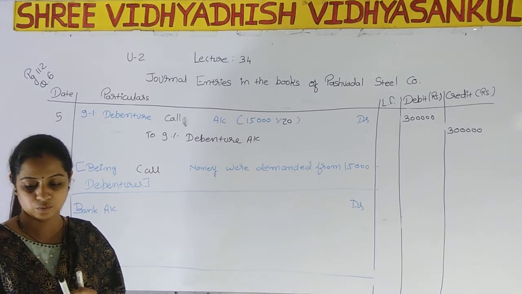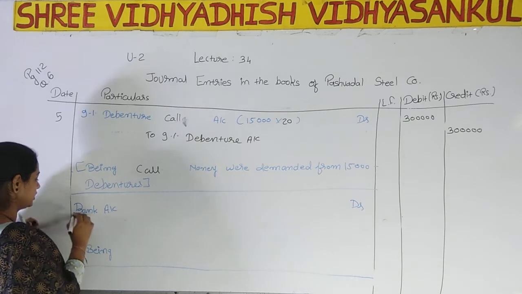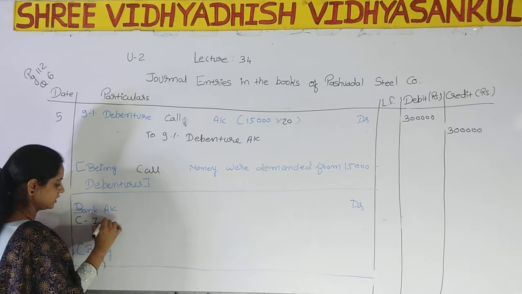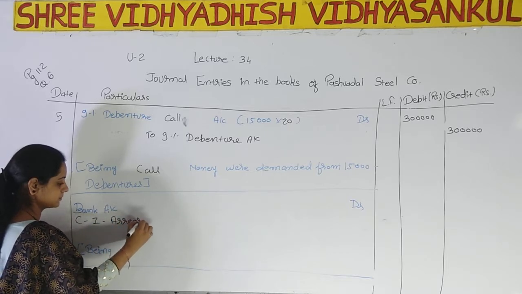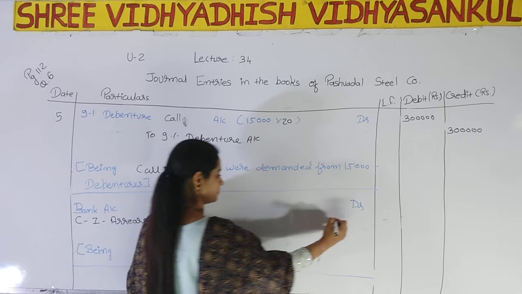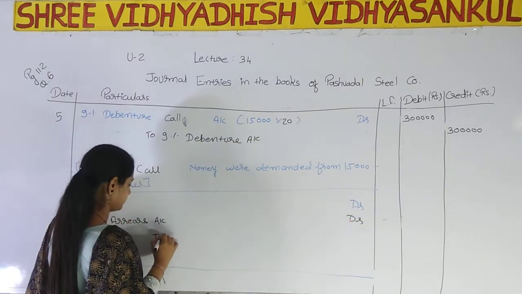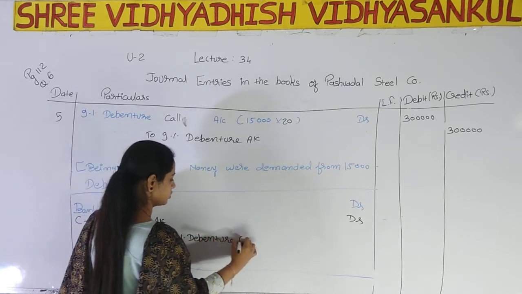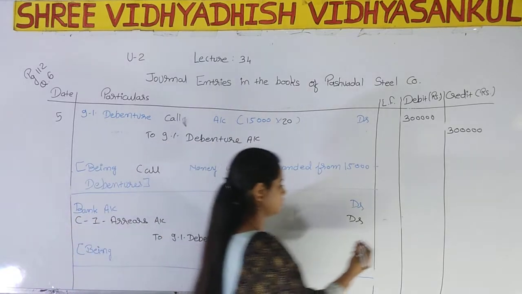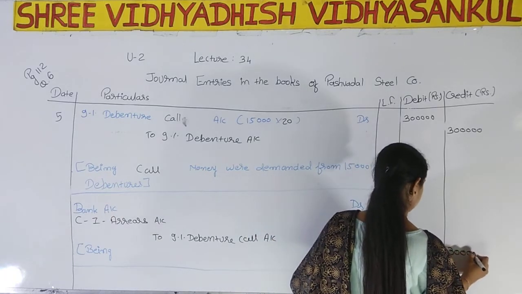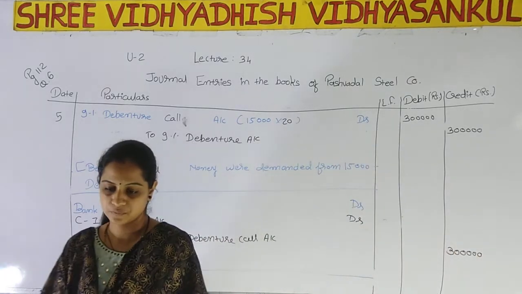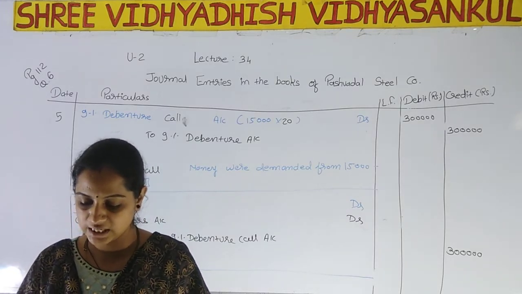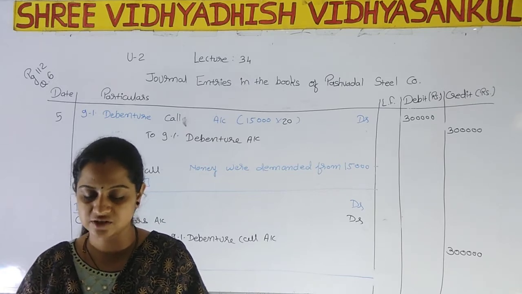Now, there is call in arrears. So we have to debit bank account. Also, we have to debit call in arrears account, to 9% debenture call account. In total we have demanded 3 lakh rupees. Out of that, it is given that call is not received on 800 debentures.